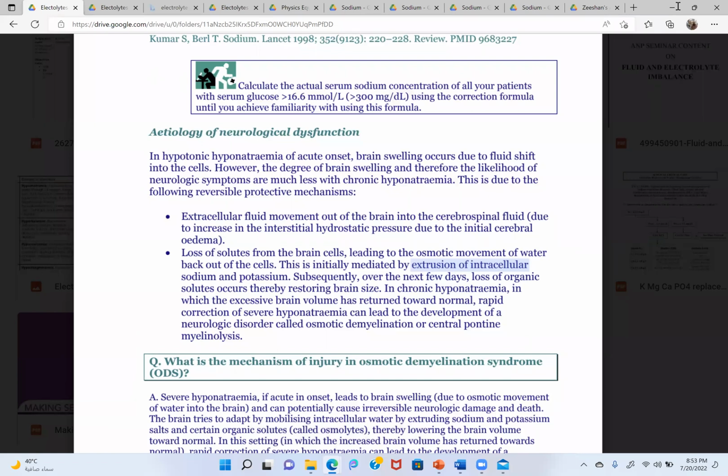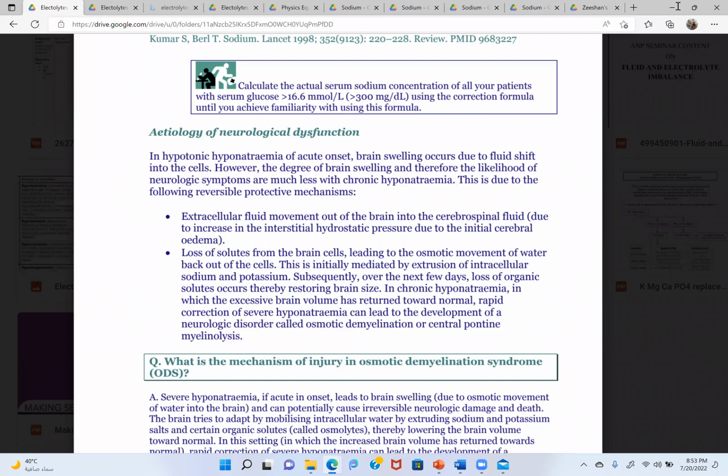So it is increasing the hydrostatic pressure, so more CSF goes in that direction, and there is loss of solutes from the brain cells leading to osmotic movement of water back out of the cells. This is initially mediated by extrusion of intracellular sodium and potassium. Subsequently, over the next few days, loss of organic solutes occurs, thereby restoring brain size. So when sodium levels are readjusted, water will go out.